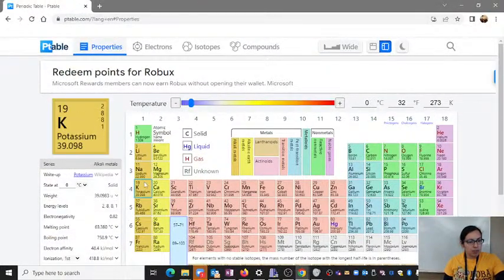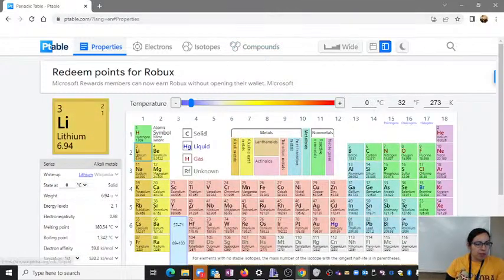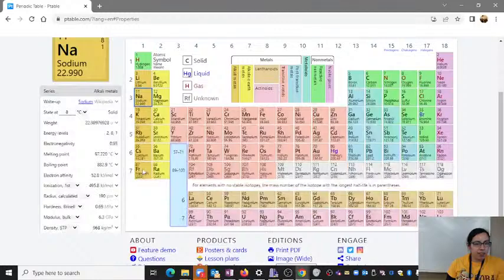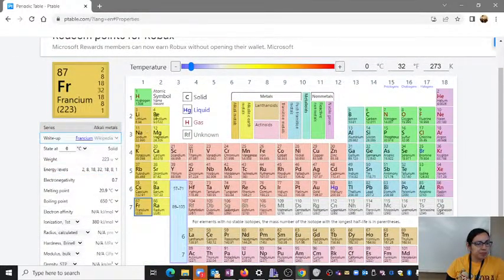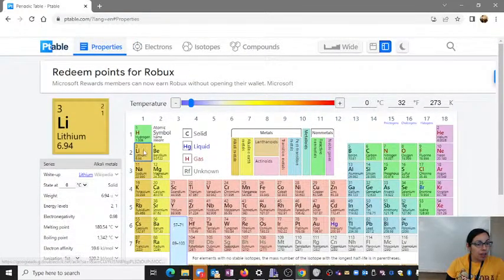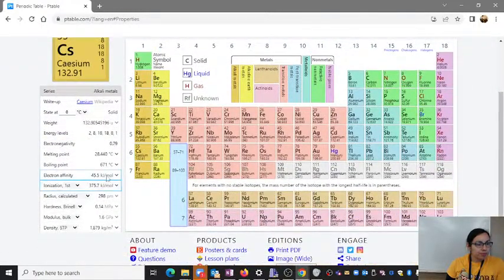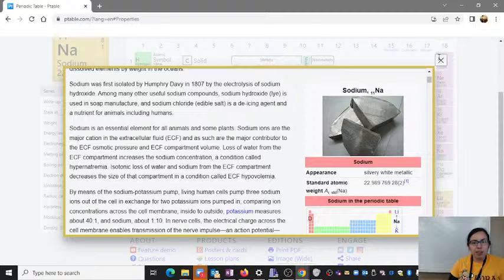So we'll just start over on the left side here. And this is just ptable.com. The only reason why I like looking at this website is that it pulls up the Wikipedia article so we can take a look at the picture.